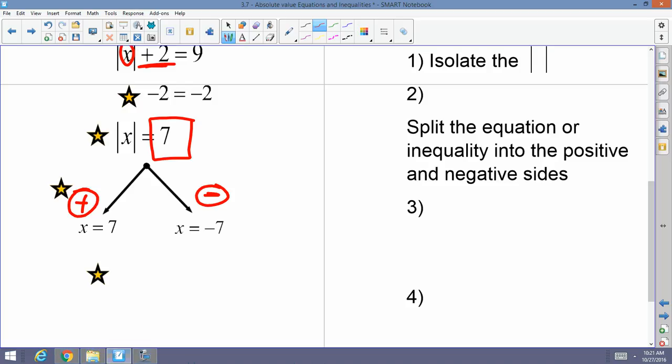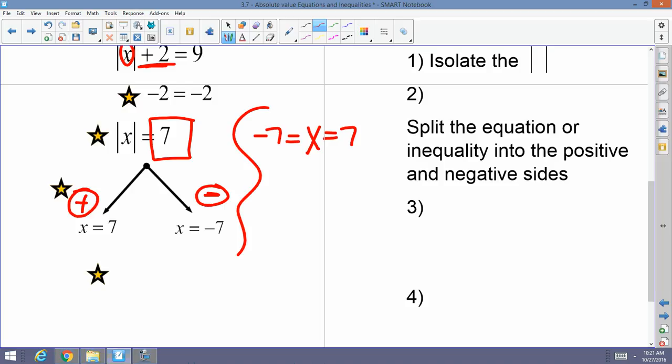Now, yesterday when I gave you guys a preview, I did something a little bit differently, and it seemed to have a very positive reaction on your part. When you have the absolute value of x equals 7, you know that there's a positive and a negative side. So you could also just go like this: x equals 7, but it also equals negative 7. And then you can solve from there.